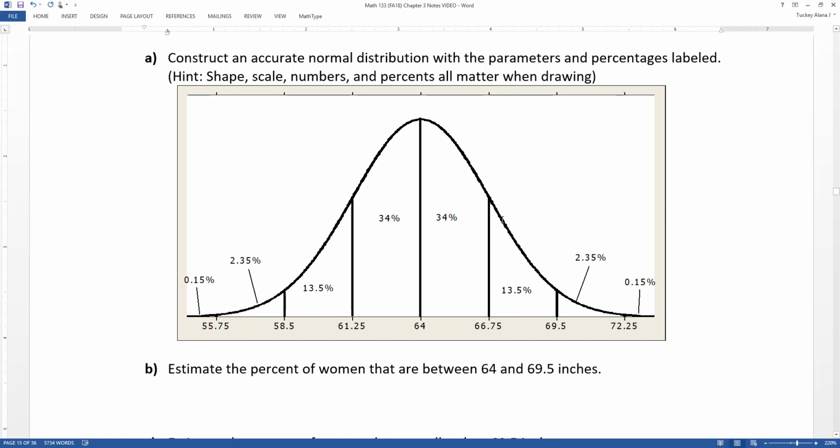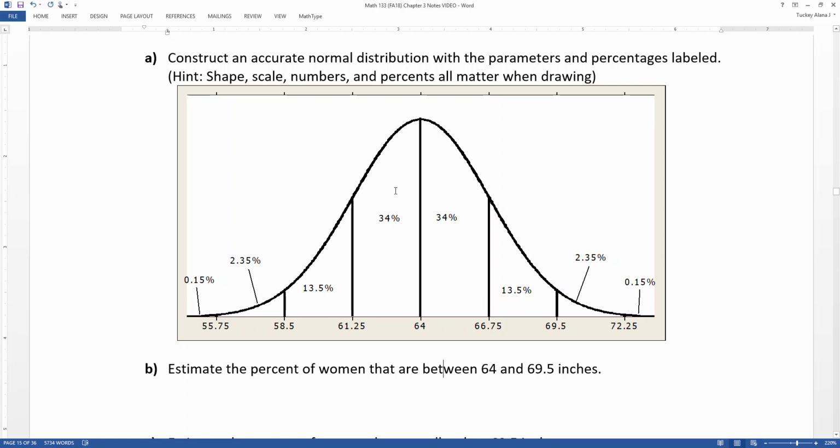Again, I take halfway and go just a little bit above, and then that's where I draw my line, and then I draw it at the exact same spot on the other side. The graph should be perfectly symmetrical, so that the lines on the left and the right of the center should be exactly the same distance. So in other words, the 61.25 is the same distance away from 64 that the 66.75 is. The 58.5 is the same distance from 61.25 as 61.25 is from 64, right? It's all equal, equidistant, I should say.